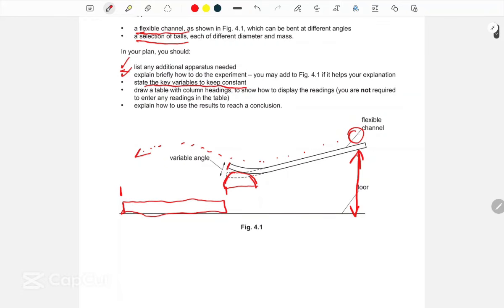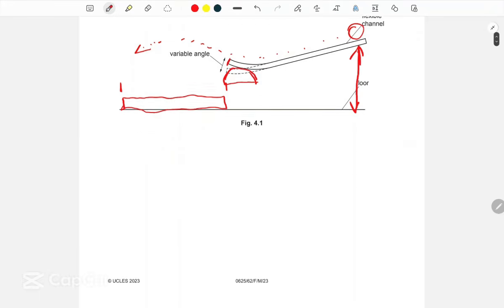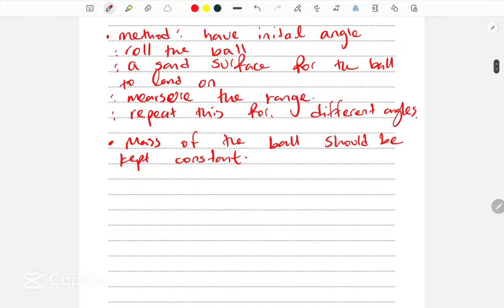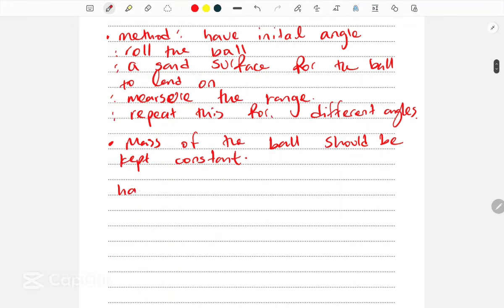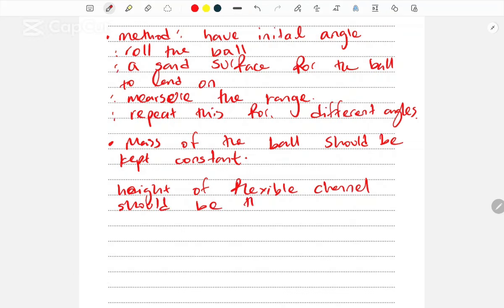So the height of the flexible channel should also be the same. So these are the two variables that should be kept constant.